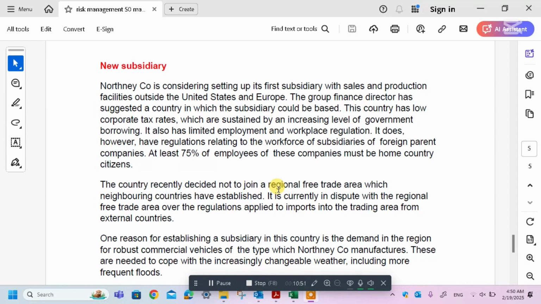The country recently decided not to join a regional free trade area which neighboring countries have established. It is currently in dispute with the regional free trade area over the regulations applied to imports into the trading area from external countries.